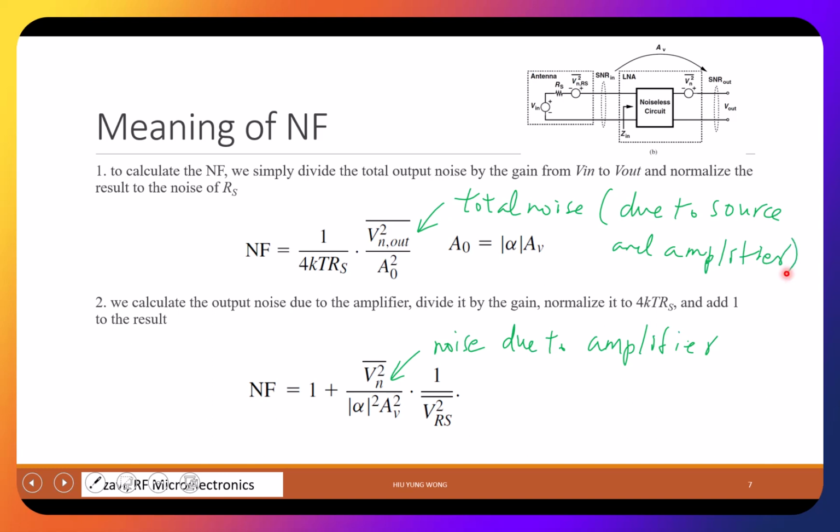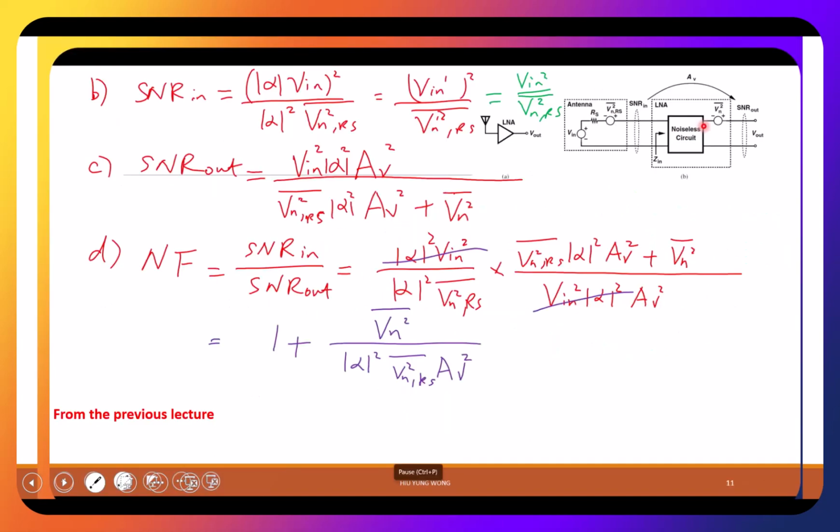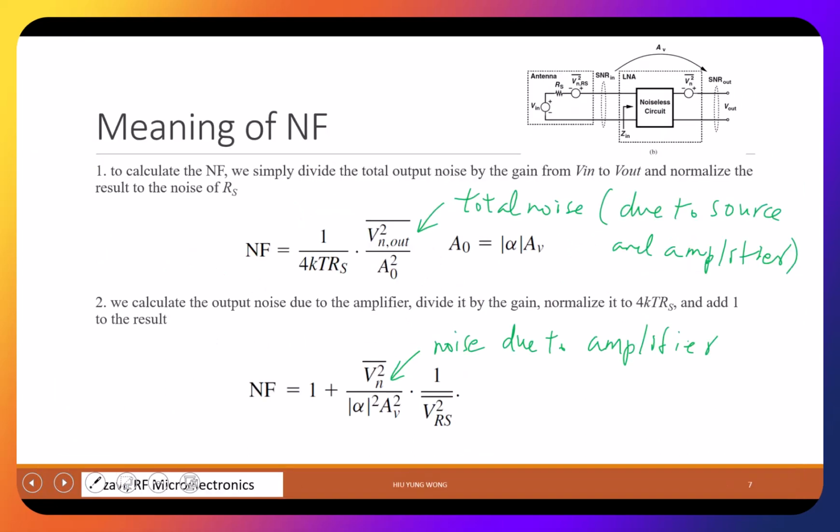So if you know what is the total noise at the output, again, all you need to do is just divide it by the gain and the impedance matching and normalize to it. And this is equivalent to this one. This equation is actually talking about this equation that I'm showing you. Okay? And this equation is about this one before the simplification. Any questions? Please take a look.